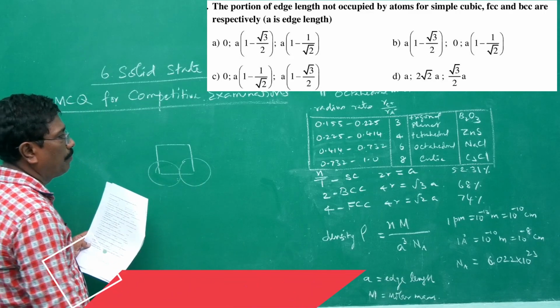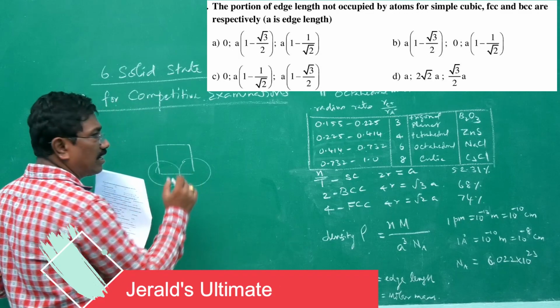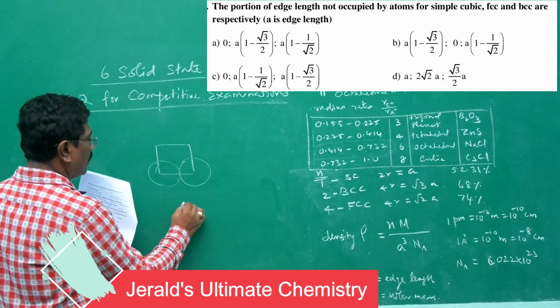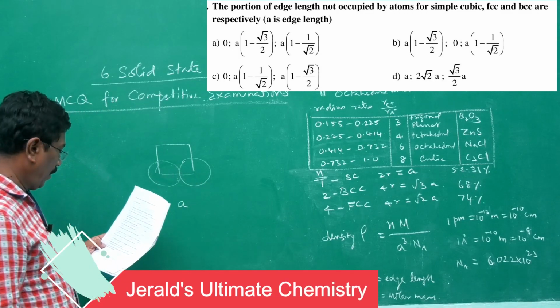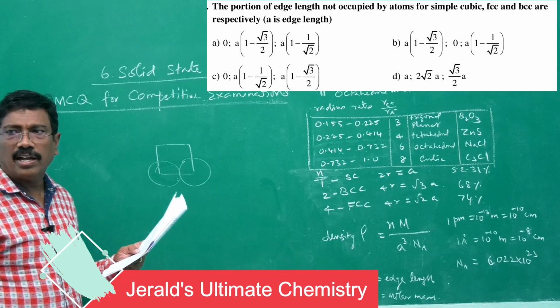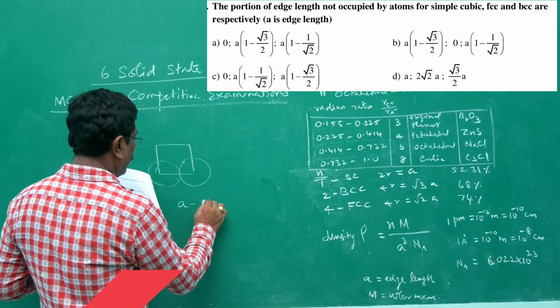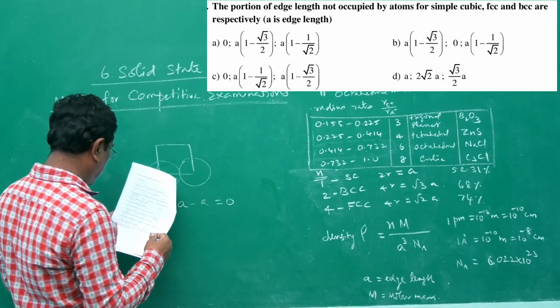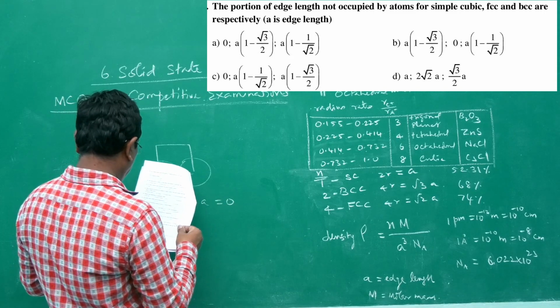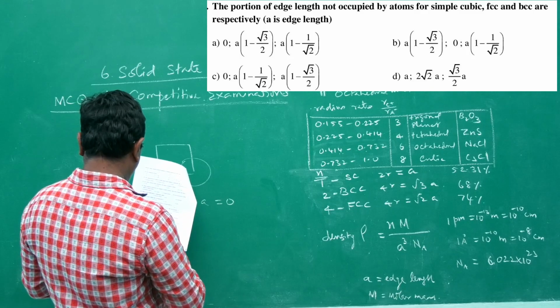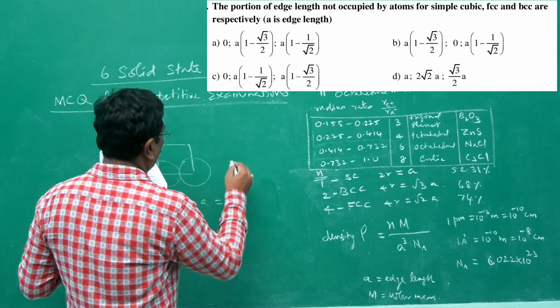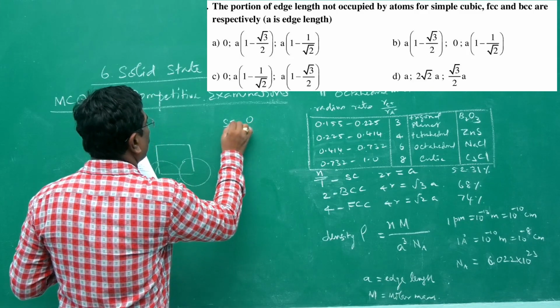For example, 2r is the interatomic distance, 2r is equal to a. So, a minus a, which is equal to 0, and therefore for the simple cubic, the portion of edge length not occupied is 0.